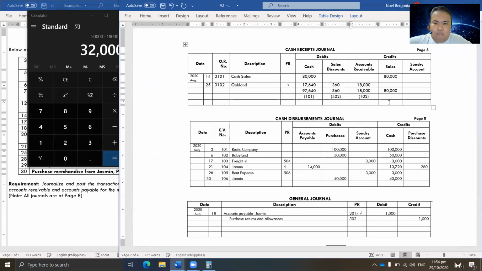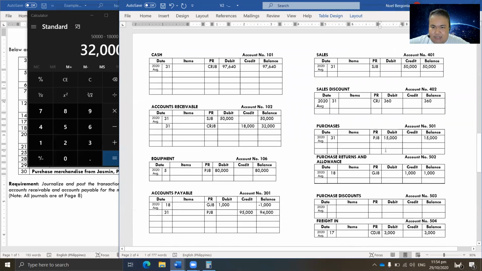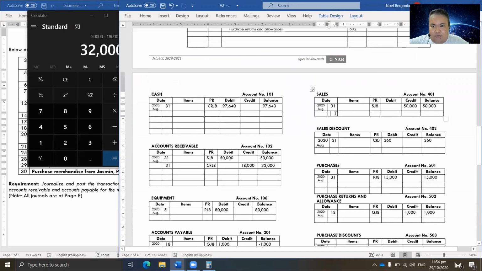And then we have a credit to sales. Credit to sales of 80,000. So punta tayo ngayon sa general ledger ng sales. So on 31, we have also on the cash receipts journal, page number 8. We have credit to 80,000.